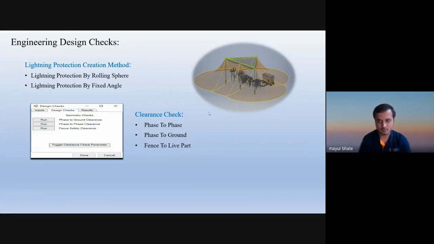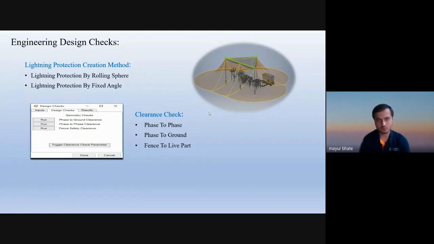Now you guys may know that substations are very vulnerable to lightning strokes, and it is very important for a substation designer that the substation should be completely protected from lightning strokes. And this is also an important part of the protection side of designing.